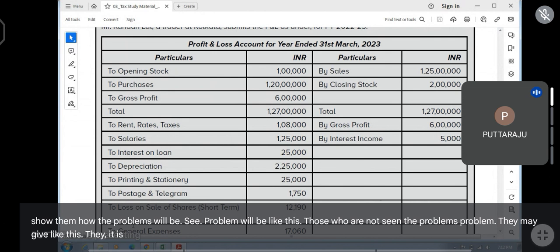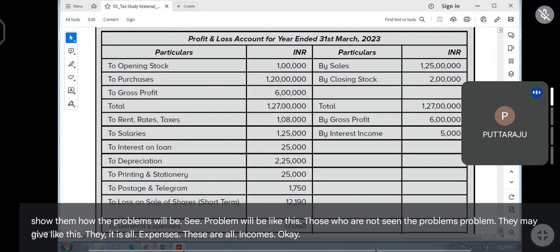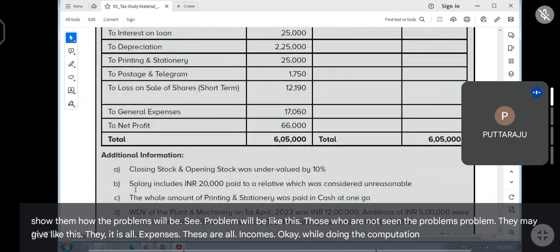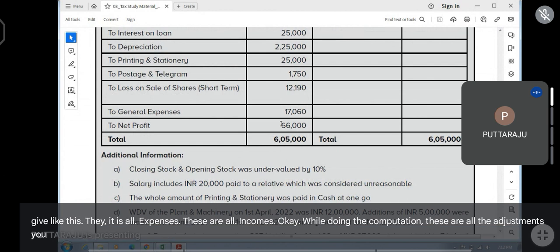It is all expenses. These are all incomes. While doing the computation, these are all the adjustments. You need to take this one as base net profit.